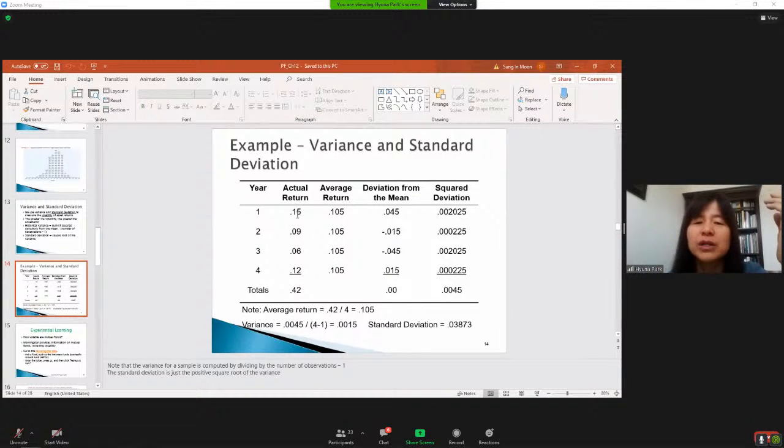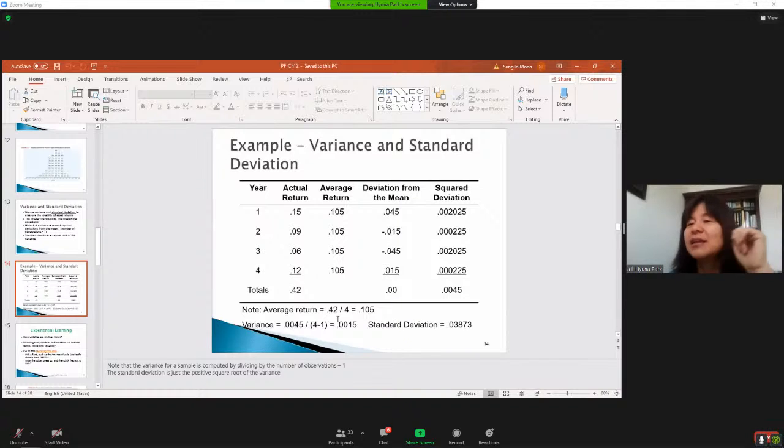Suppose you are given this 4-year data. First year return, 15%. Second year return, 9%. Third year return, 6%. Fourth year return, 12% per year.